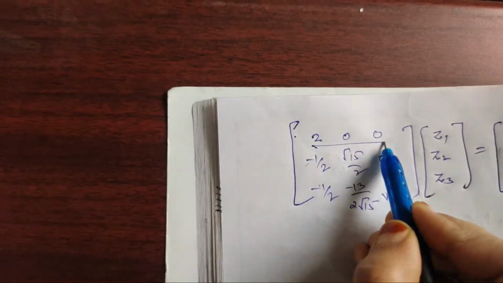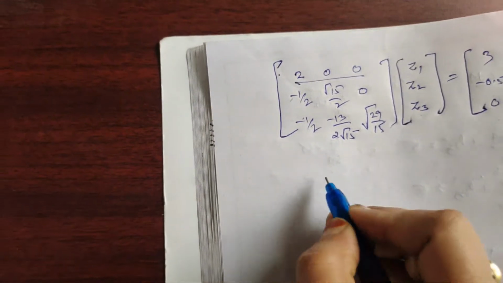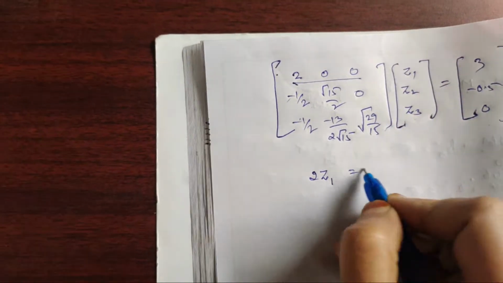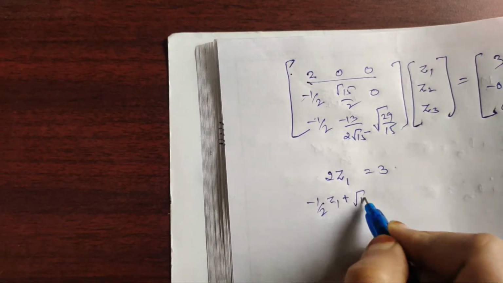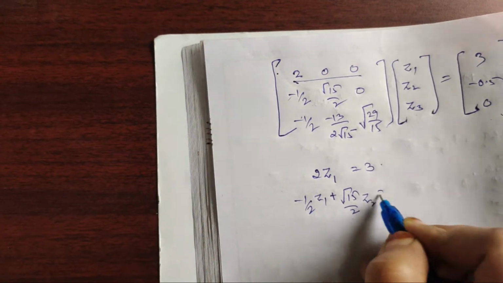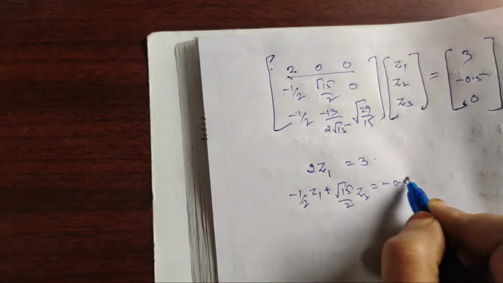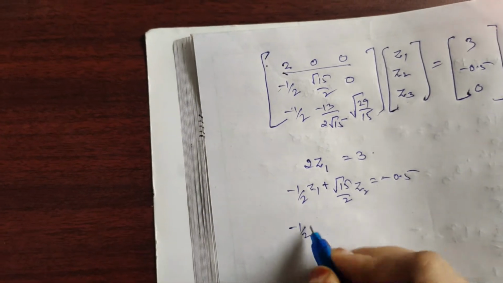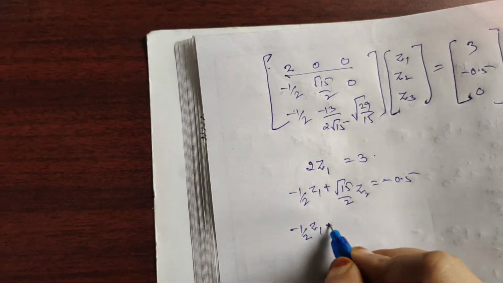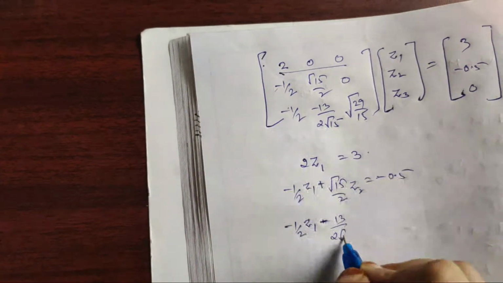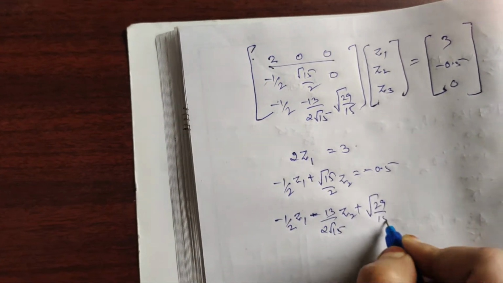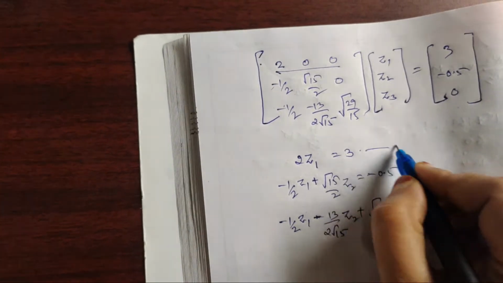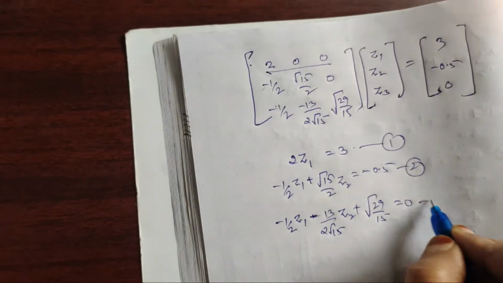Now rows into columns: these are rows, and this is one column. So you are going to get the equations: 2z1 equals 3; minus half z1 plus root 15 by 2 z2 equals minus 0.5; minus half z1 minus 13 by 2 root 15 z2 plus root 29 by 15 z3 equals 0. Equations 1, 2 and 3.